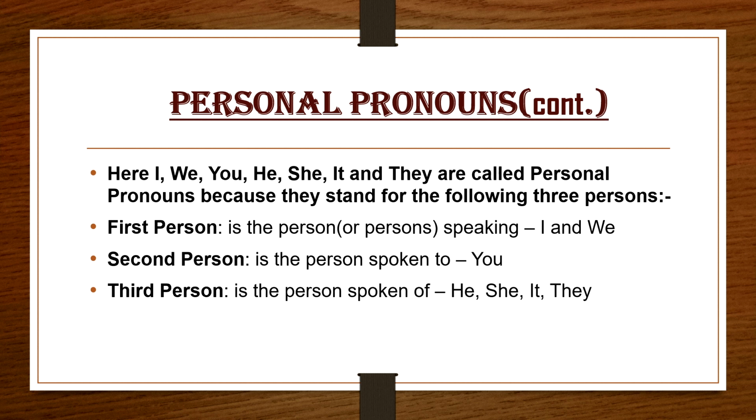First person is the person speaking. So, the pronouns I and we are said to be personal pronouns of the first person. Second person is the person spoken to. You is the personal pronoun of the second person. Third person is a person spoken of. He, she, it and they are said to be personal pronouns of the third person.